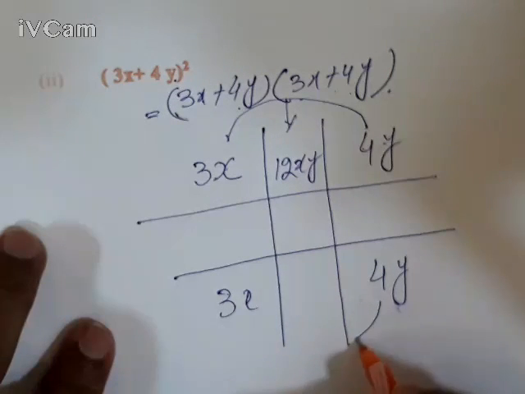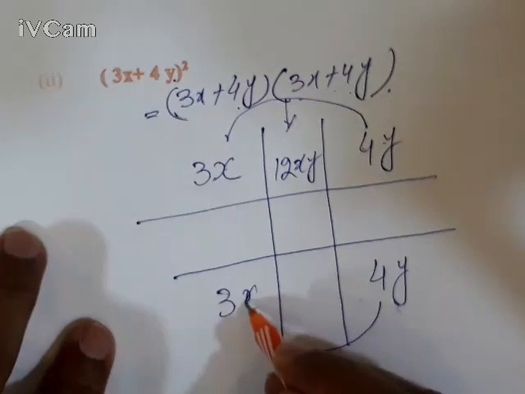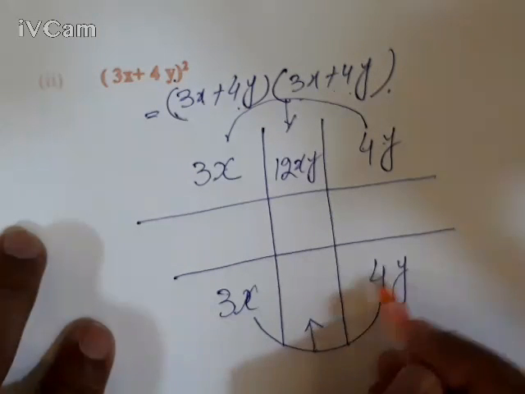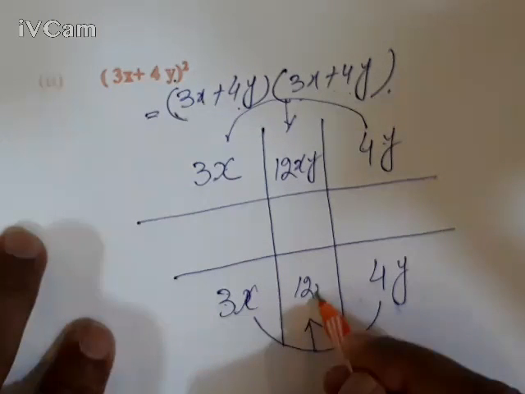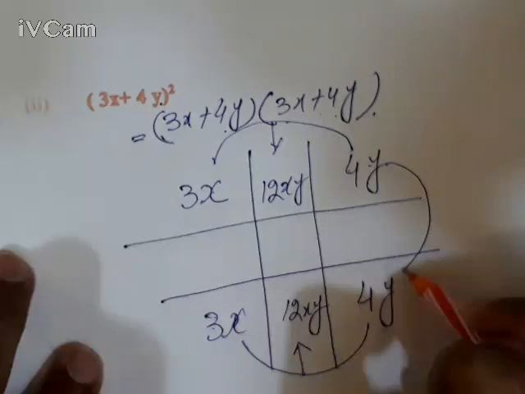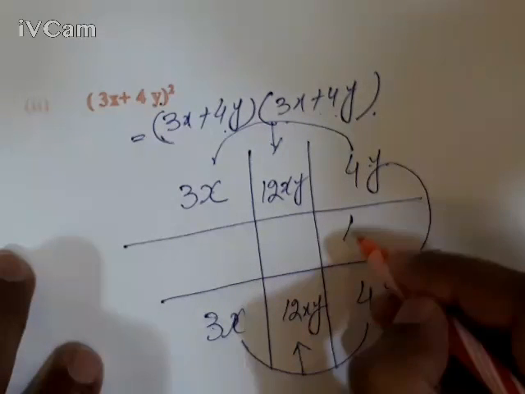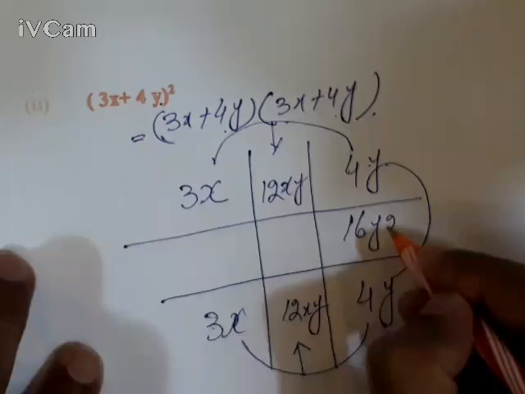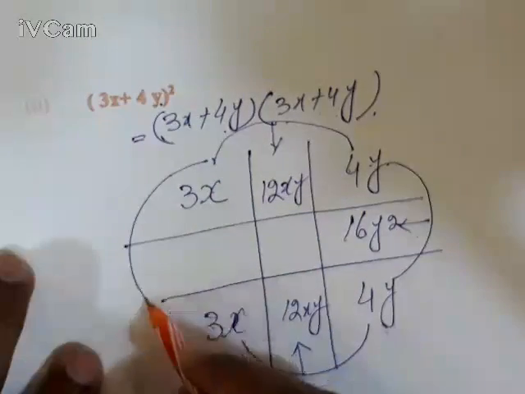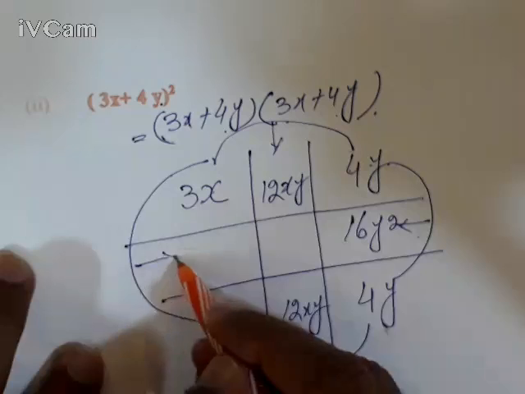On the downward side, same, multiply here and write the value here, 4 times 3 is 12xy. Similarly on this side, multiply this value with this one, it's 16y square right here. Multiply these two values and write here.